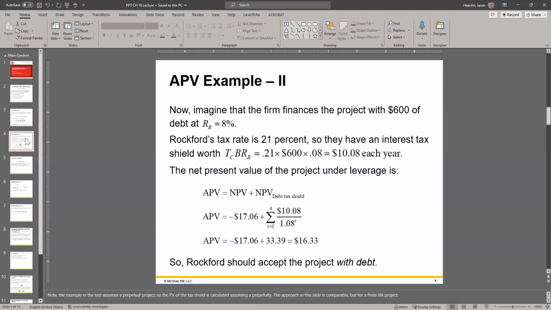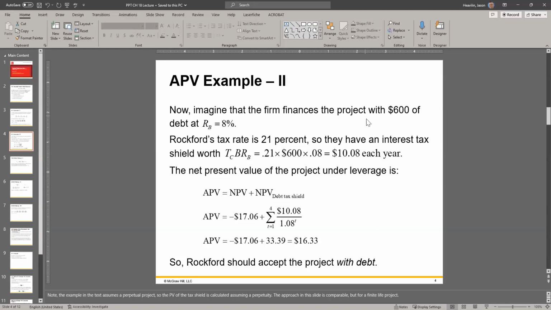However, when you use the adjusted present value approach, you can compare the same scenario, but having debt. In this case, the cost of debt is 8%, and the debt amount is $600 out of 1,000, so 60%.